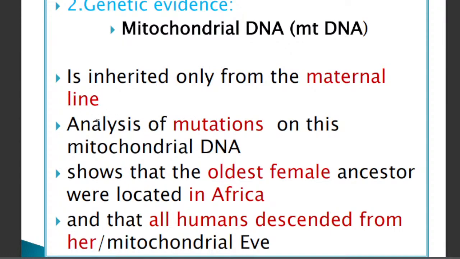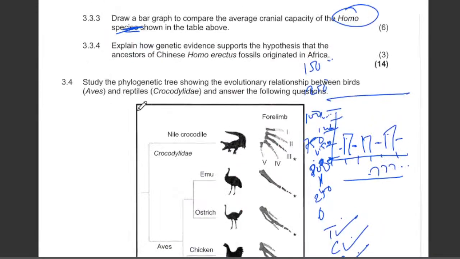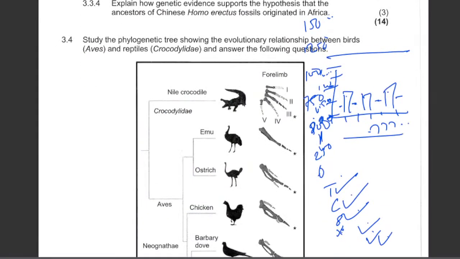The maternal line. You understand? And then the analysis of mutation of this mitochondrial DNA shows that the oldest female ancestor was located in Africa, and all these Chinese came from what? From Africa. So basically, that's what they are looking for.